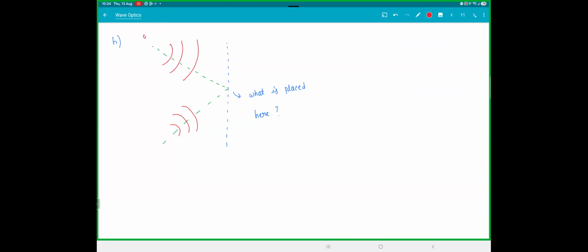This is your incident wavefront. So you're sending this and these are coming out. So what kind of a system will give you these kind of wavefronts?